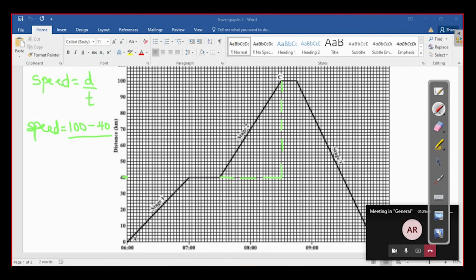Next part of things is the time. We want to make sure that we are using the time taken to complete stage 2. How are we going to get the time taken to complete stage 2? Anybody, how are we going to get the time taken to complete stage 2?